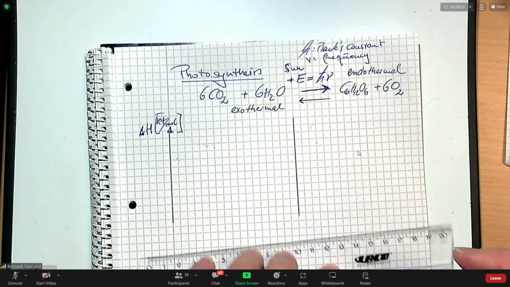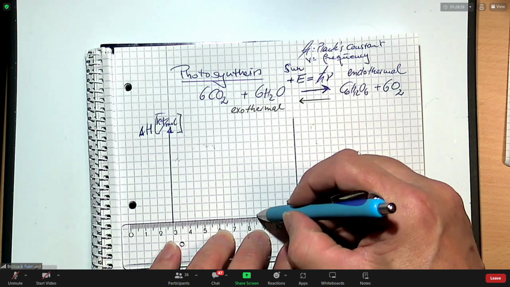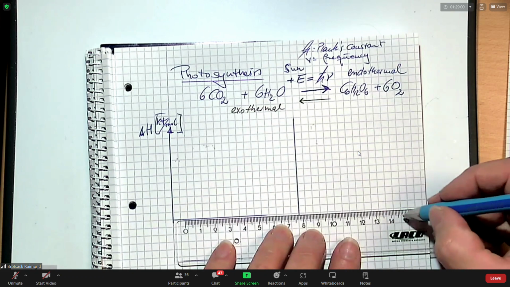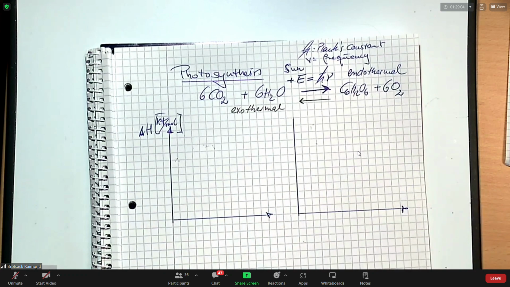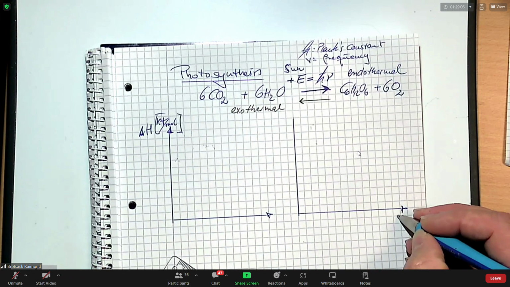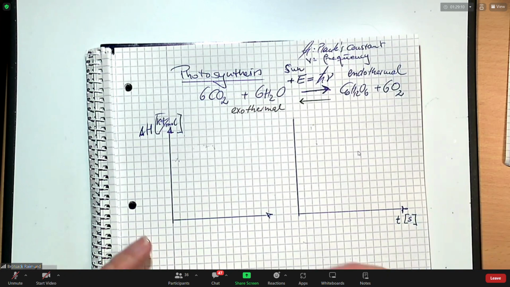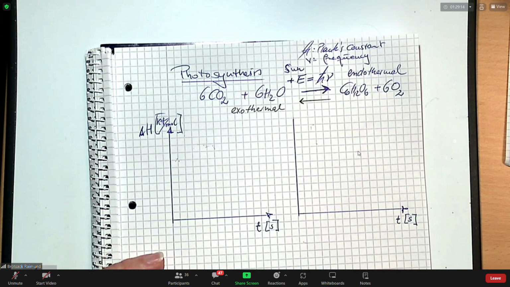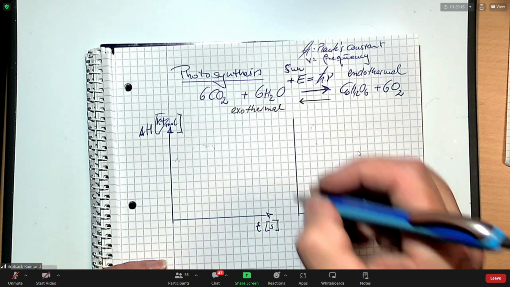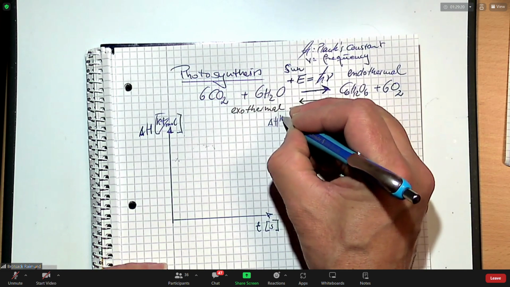To the right, I say it is the ongoing reaction, the kinetics of the reaction. And this is now the time, small t, in seconds. We say, okay, it takes a while until the reaction happens. And here again, delta H in kilojoule per mole.